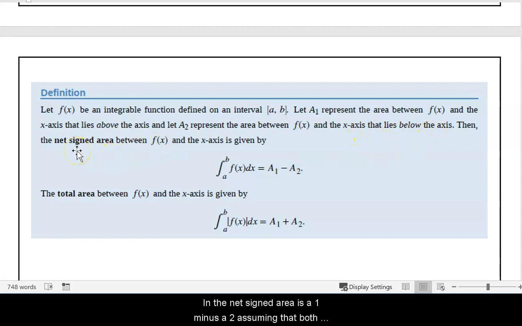Then the net signed area is A1 minus A2, assuming that both A1 and A2 are positive values. The total area, on the other hand, would be A1 plus A2. Again, net area gives us displacement, total area gives us total distance traveled.